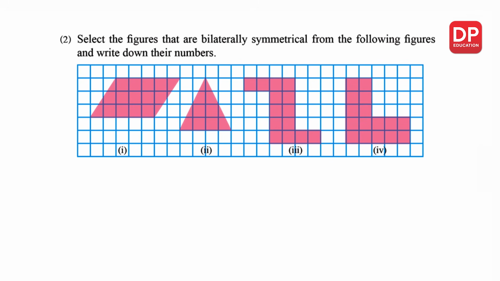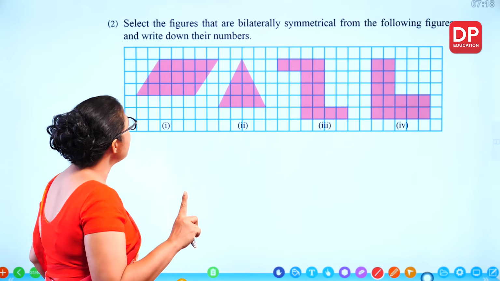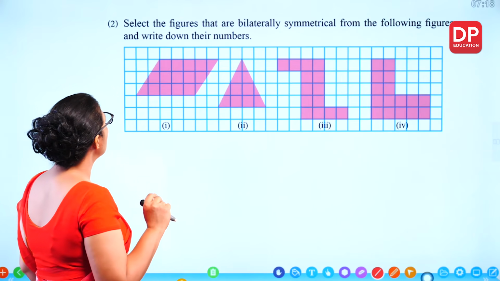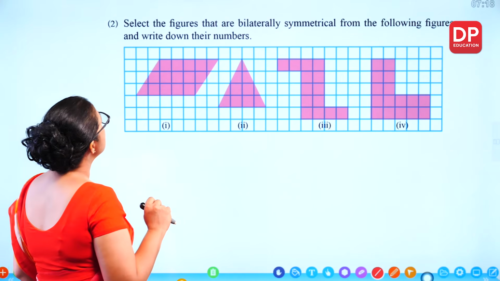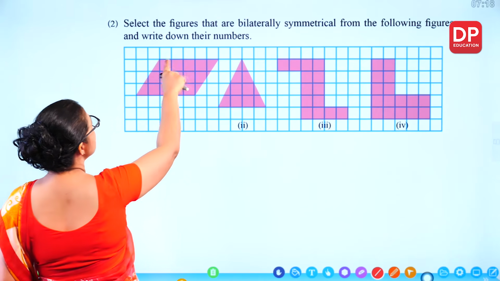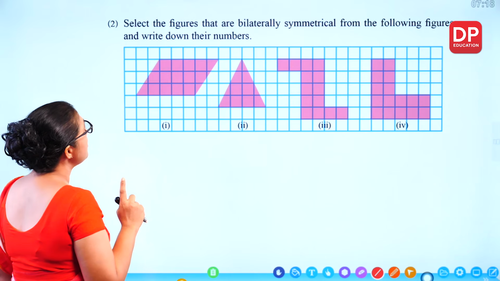Select the figures that are bilaterally symmetrical from the following figures and write down their numbers. Bilateral means only one axis of symmetry and divide into 2 equal parts. So this is a parallelogram. These sides are not equal. So do we have an axis of symmetry?